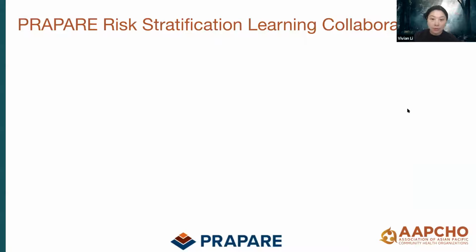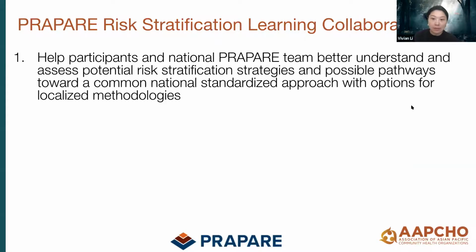So as we were finding that many health centers and some state PCAs were already using PRAPARE in risk stratification, we launched a PRAPARE Risk Stratification Learning Collaborative in the summer of 2019 to improve our understanding of organizations' best practices and lessons learned, as well as how organizations apply and use PRAPARE Risk Stratification within their clinical settings.